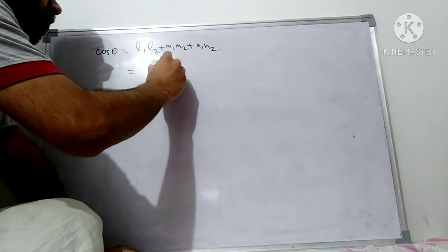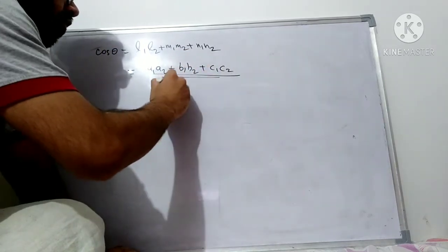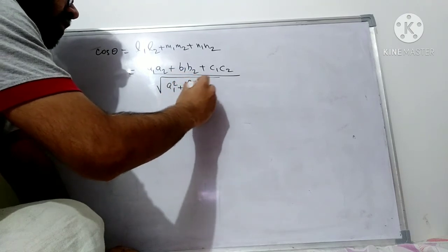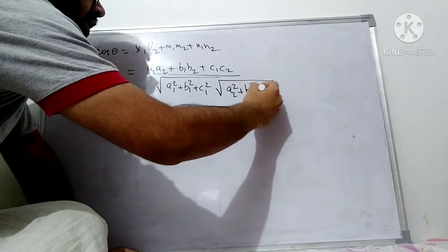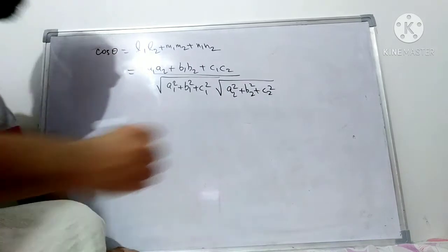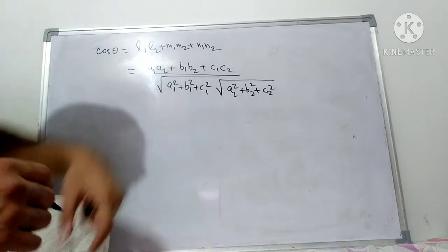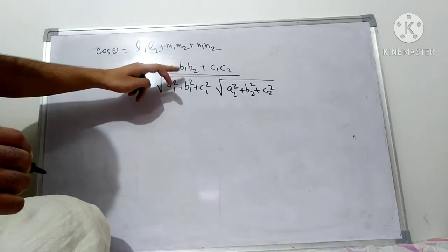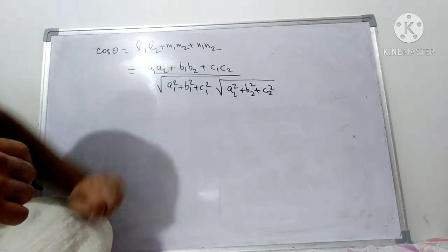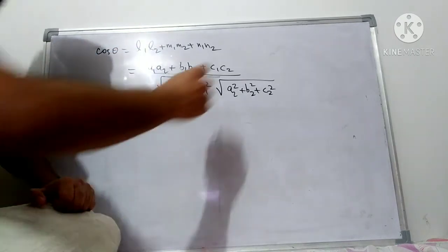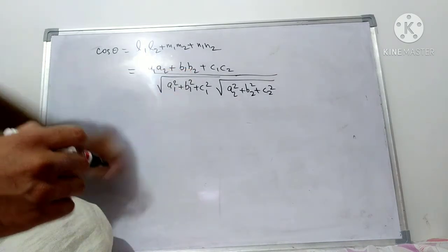So this will become A1 A2 plus B1 B2 plus C1 C2 divided by root of A1 square plus B1 square plus C1 square into root of A2 square plus B2 square plus C2 square. L1 we can write as A1 upon root of A1 square plus B1 square plus C1 square, L2 as A2 upon root of A2 square plus B2 square plus C2 square. Similarly, M1 is B1 upon root of A1 square plus B1 square plus C1 square, and M2 is B2 upon root of A2 square plus B2 square plus C2 square. Like that I have derived this result, so cos theta can also be written in terms of the direction ratios.